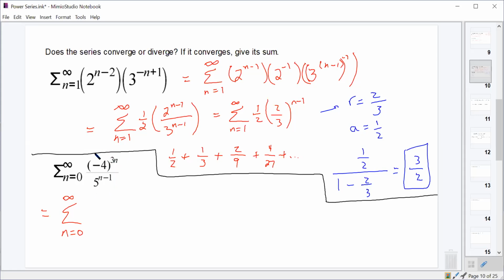I can't just raise things to a power. I have to be able to rewrite this so that it's some number to the power of n. And so the way I should be able to do this is say, okay, this is -4 to the 3rd, to the n, because that's how our exponent rules work, right? -4 to the 3rd to the n is the same as -4 to the 3n. So that's going to allow me to simplify what's inside of the brackets and then just have it raised to the power of n. Everybody see that?